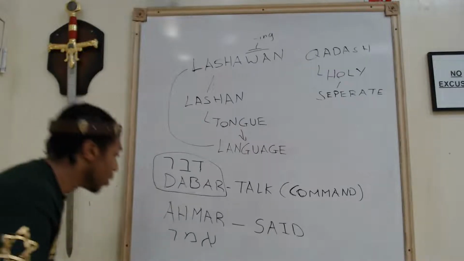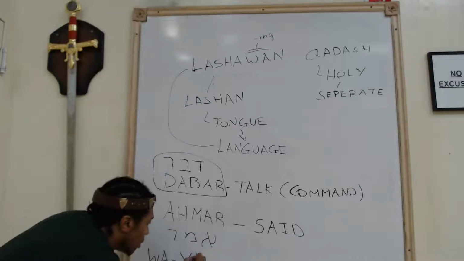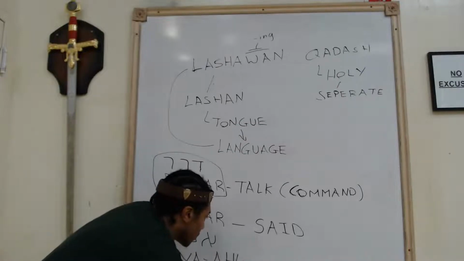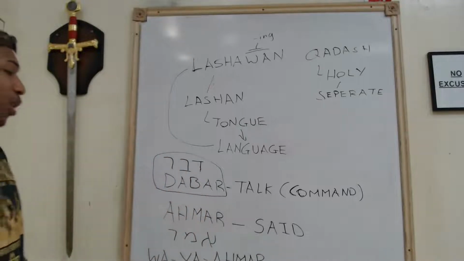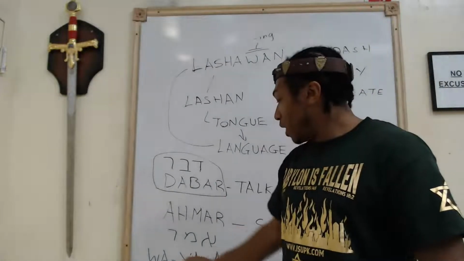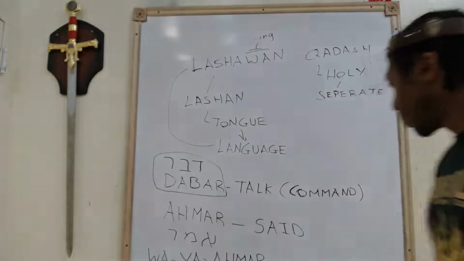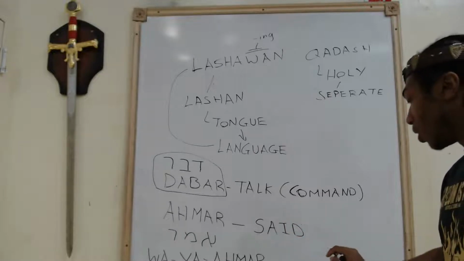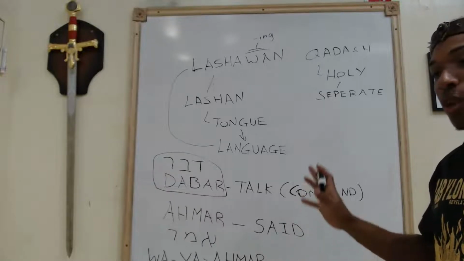Waya Amar is important too. Wa, Ya, Amar. So why am I putting this on the board? Because they're always going to see Waya Amar. And by the way, I'm putting a dash here and a dash here in front of the Amar to show these are prepositions. And when you see it written in the Hebrew, you're going to see them written together, because prepositions and possessives are not written separate from the word.